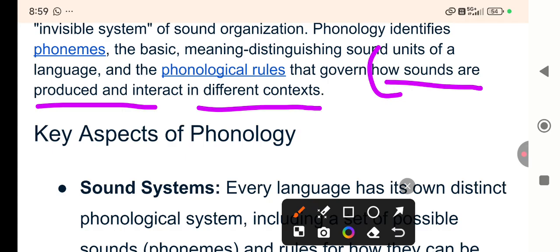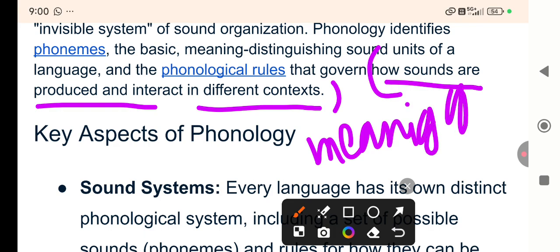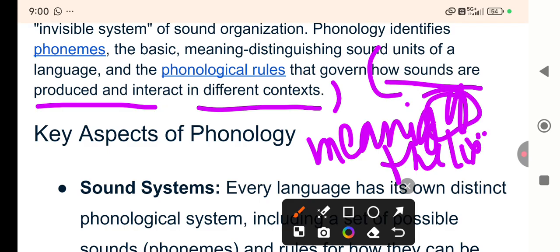For example, if you say it in a different context, right? For example, the meaning of the text. Suppose you speak 'meaning of the text', right? Here the 'of' sound, because you are speaking continuously, when you say 'of' separately and when you say 'of' in a sentence, both 'of' sounds will be different.